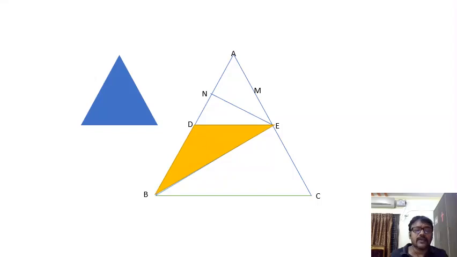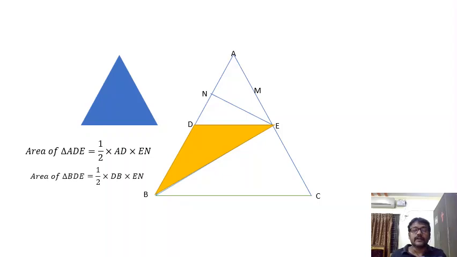In the same way, we also find the area of triangle BDE. However, here we take DB as its base and again EN as its altitude. So area of triangle BDE is equal to half DB into EN. So likewise, we find the area of triangle ADE and the area of triangle BDE in the first case.